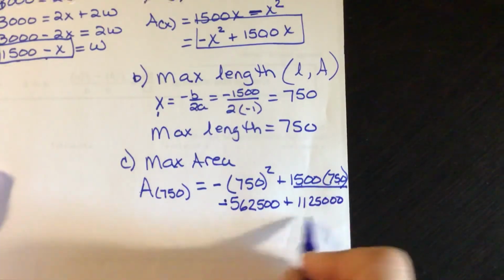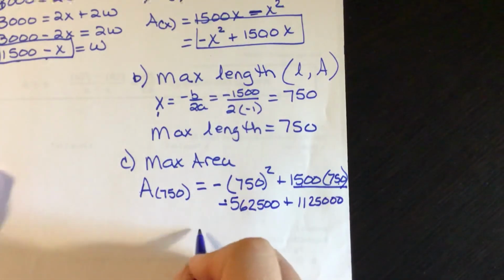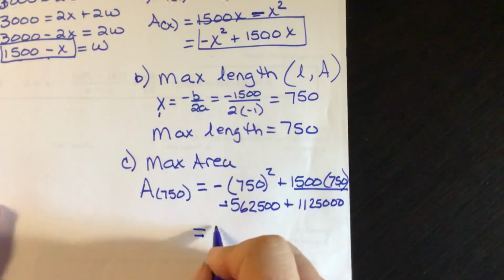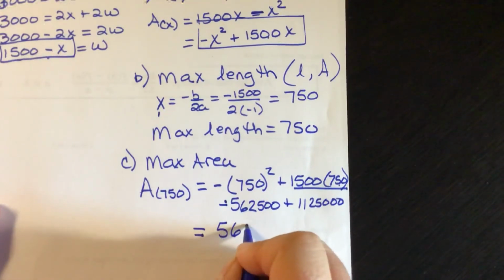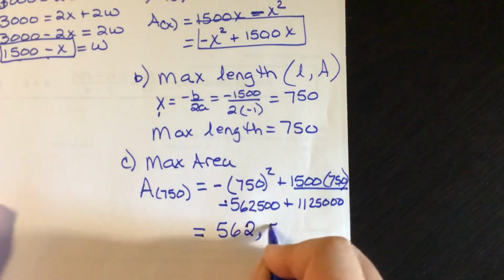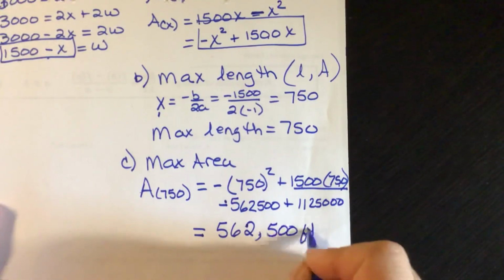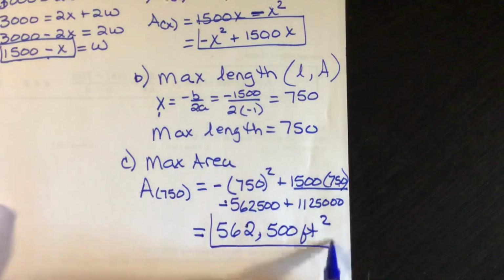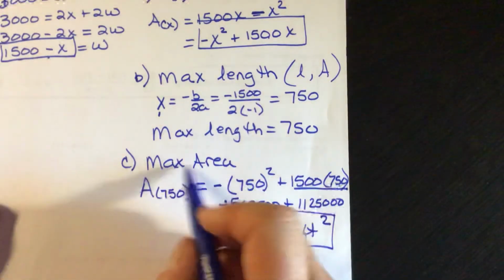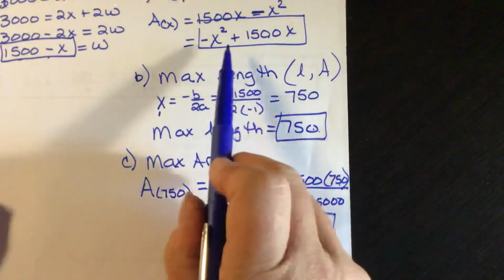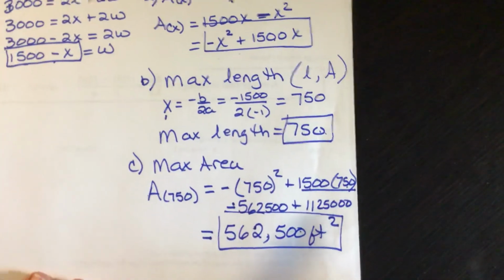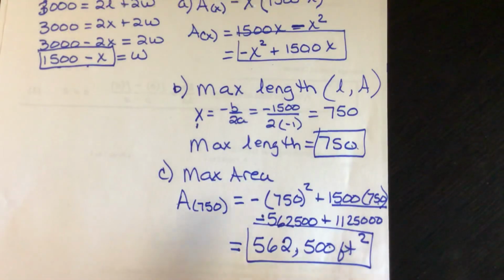When I add these together or subtract them, my maximum area is going to be 562,500 feet squared. Okay, so again, these numbers are just coming from the vertex of this equation. All right, so those are the solutions for 5, 6, and 8.